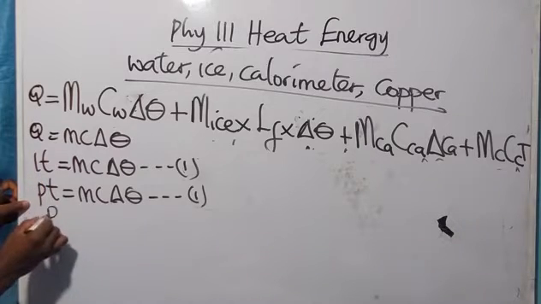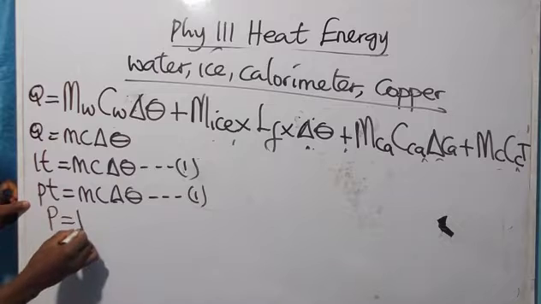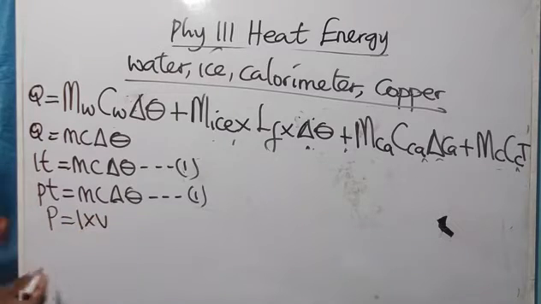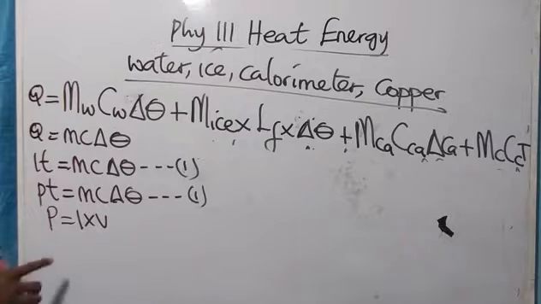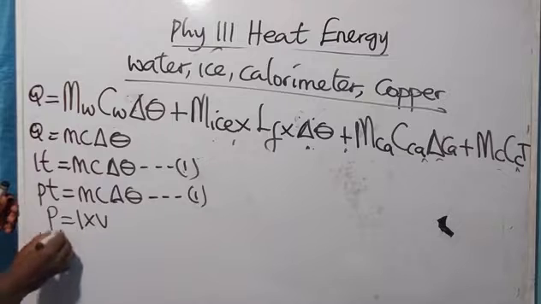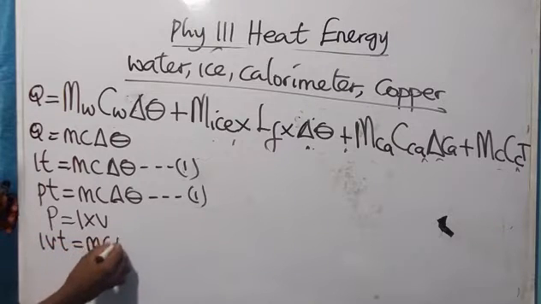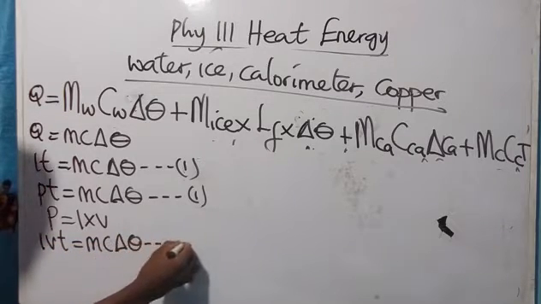Now you also agree with me that power equals the product of current and voltage, which means that wherever I see P, I put IV. So it becomes IVT equals MC times temperature change, equation 3.